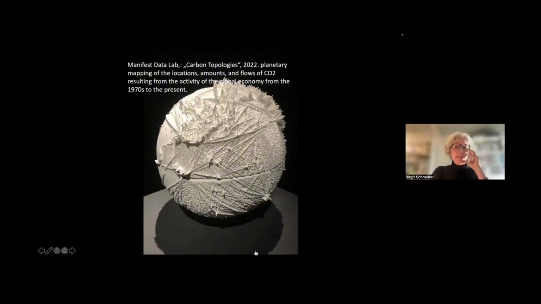Like here, this one project of carbon topologies from the year 2022. They are artists. It's an artist group from Great Britain, and they were mapping locations, amounts, and flows of CO2 resulting from the activity of the global economy from the 1970s to the present with this globe.